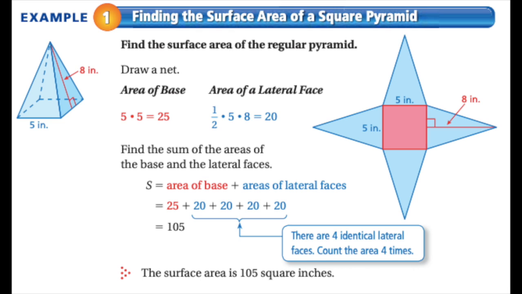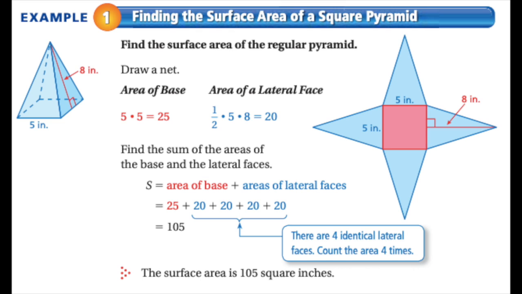Example 1 on page 364 is finding the surface area of a square pyramid. As I mentioned earlier, a square is a regular polygon because all of the sides are the same. So when we're looking at this example, you can see that the base is 5 by 5, which makes the area of that base 25.